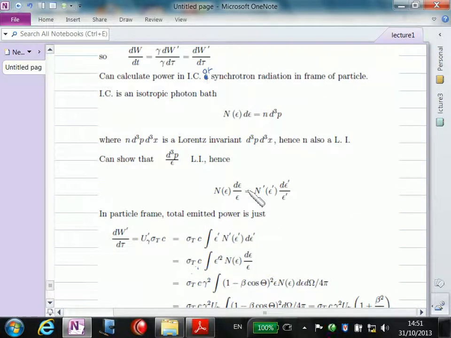So the point is, this was for the photon bath. The photon bath is the density of photons per unit energy. You have to be careful here. This has units of number of photons per unit energy per unit volume.